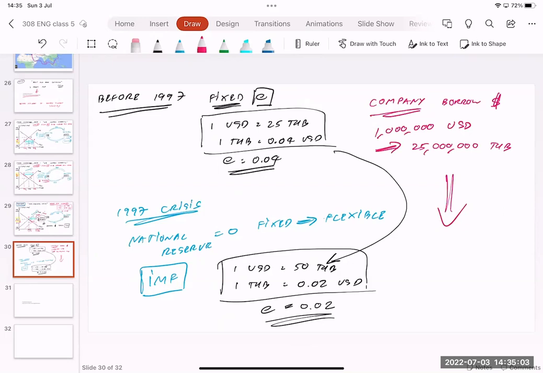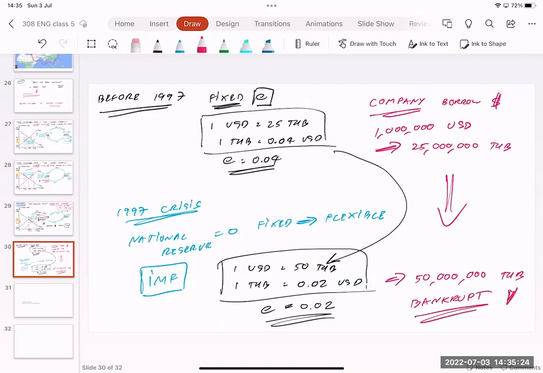However, because the Thai baht became weak, when you convert the debt into Thai baht, it becomes 50 million baht. So because of the crisis, the debt of the big companies doubled in only one night. So it made many companies go bankrupt.